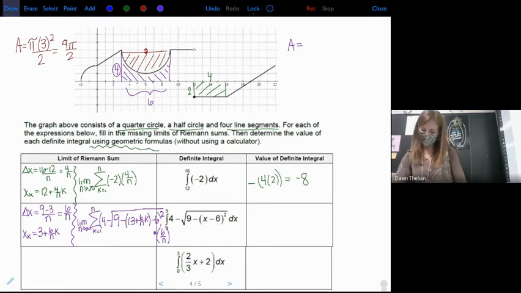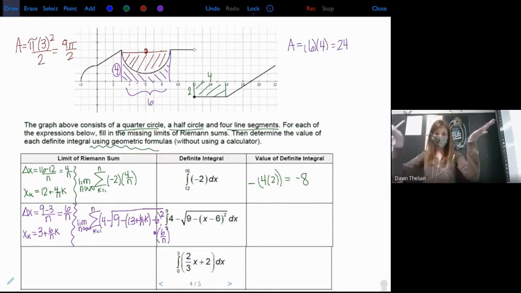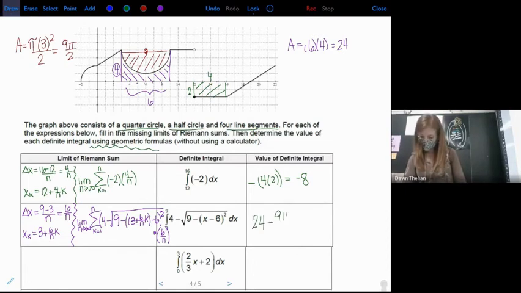So the area is 6 times 4, which is 24 of that rectangle. This is all above the x-axis, so positive. So we've got 24 minus 9 pi over 2 as the area below the semicircle, but above the x-axis. Good.